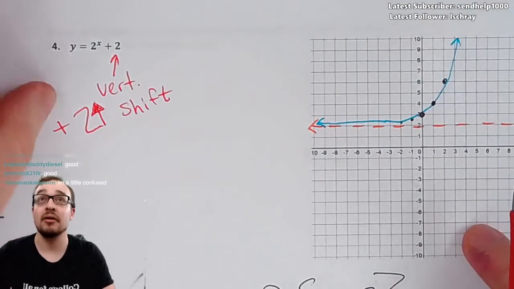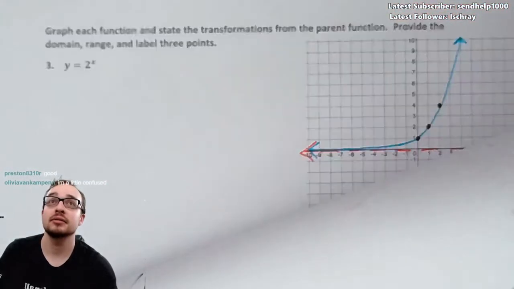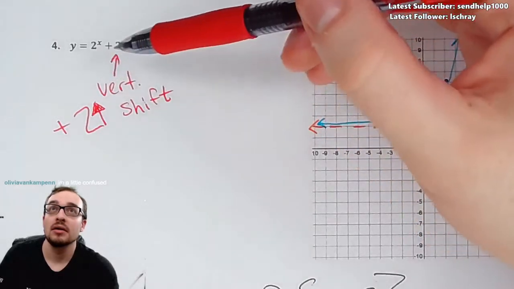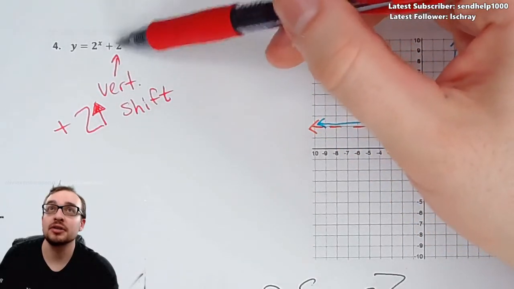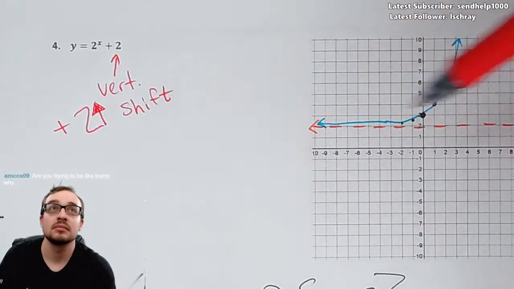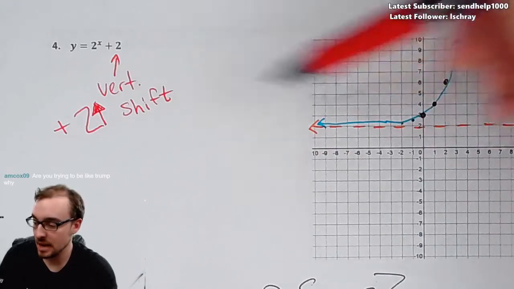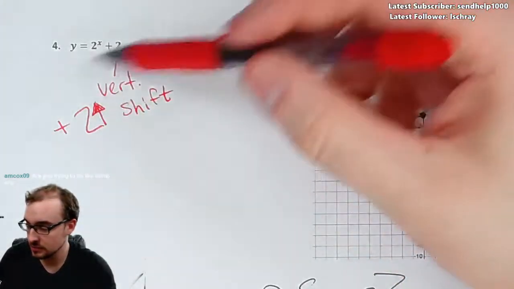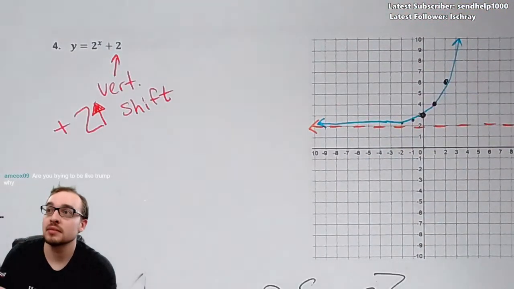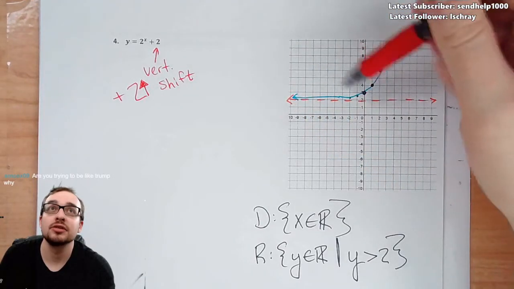So the parent function is when it's just bare bones, right? See how it's just something to the x? Because of the +2, it took the same function and moved it up 2. That was the transformation. Same graph, just 2 higher.